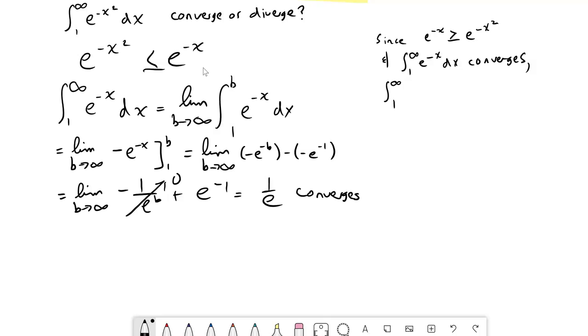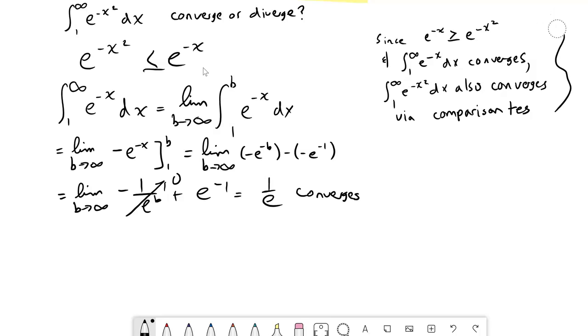The same thing also converges through the comparison test. So I'm going to write that via comparison test. And that's all the work you basically have to show. You actually have to make this statement at the end too to prove your point.